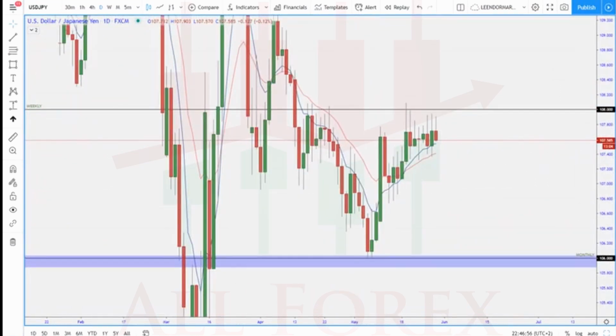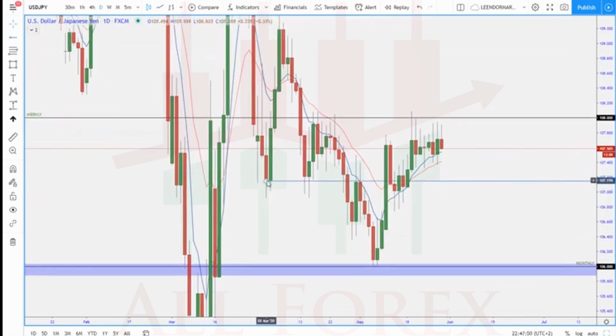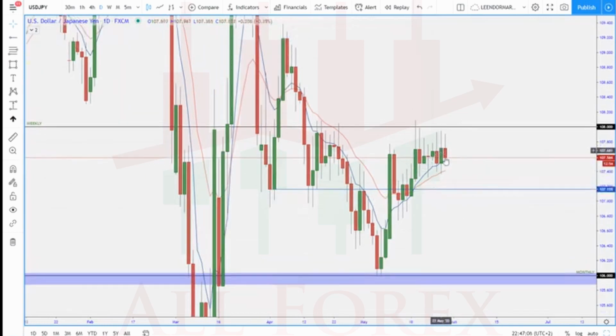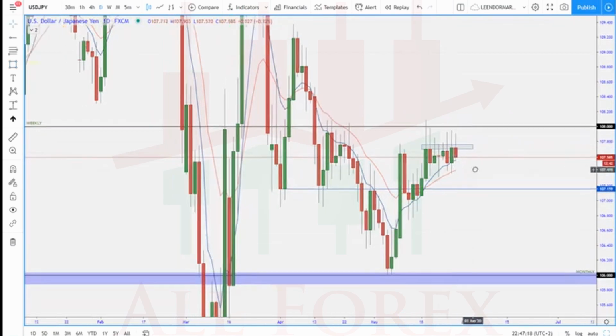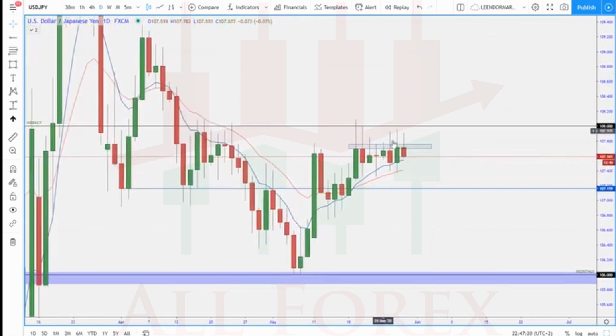First of all, we have this level from the left hand side. Once again, I'm using the close and the open of these two bodies, dragging it across the charts to identify the closest level that we have. And I can see that right at the top of this wick, we have some kind of sensitivity that would have helped me with my entries for the day.